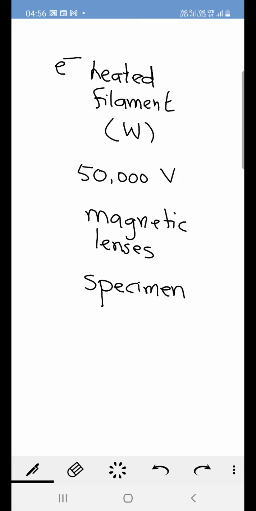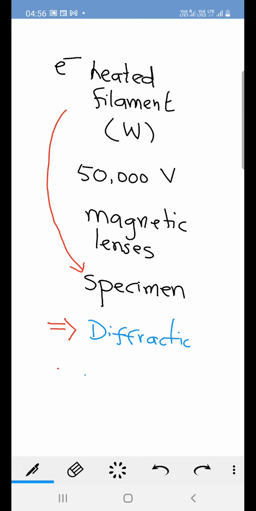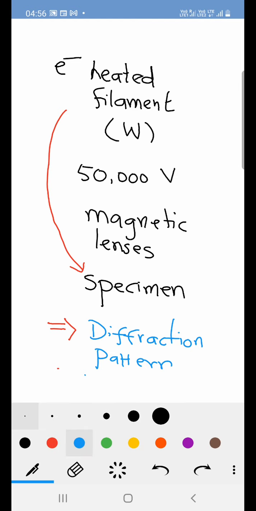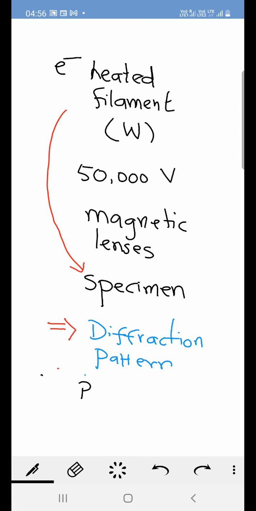So they strike the specimen and then cause diffraction. Diffraction pattern, and it is found on a photographic plate.